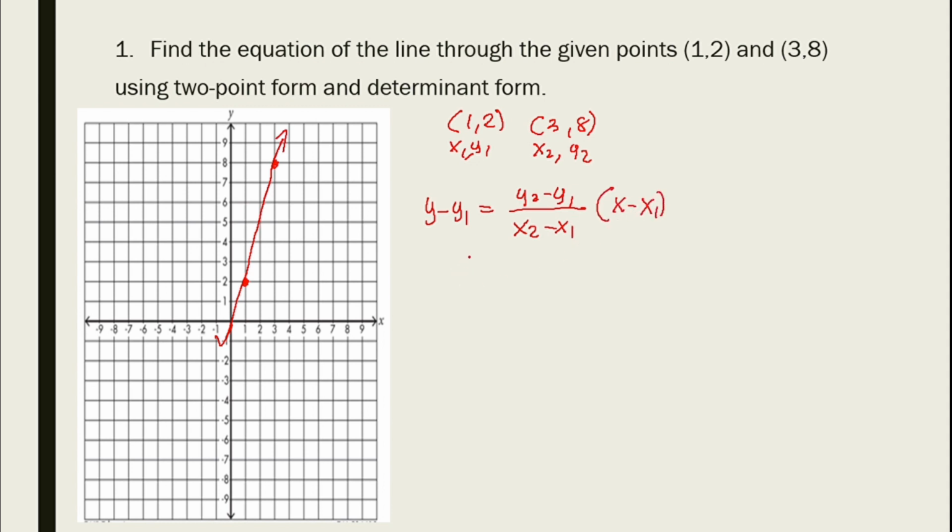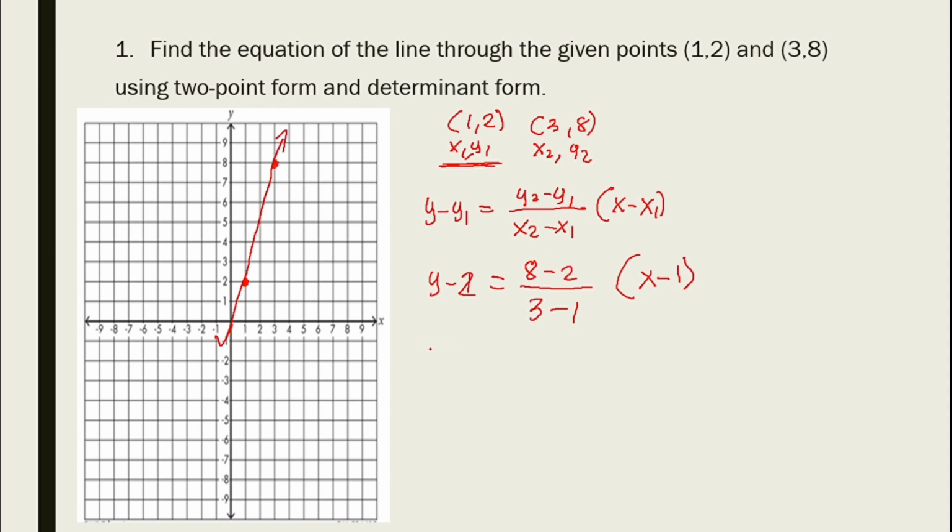Since we have to choose one point, we choose this one as x sub 1, y sub 1, which is 1 and 2. So y minus y sub 1, which is 2, is equal to y sub 2 which is 8 minus 2, over x sub 2 which is 3 minus 1, times x minus x sub 1, which is 1.